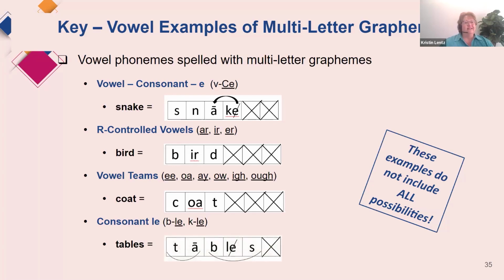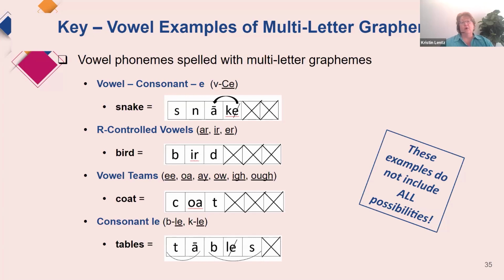And for our consonant-LE, which is always going to be in a multisyllabic word, we're going to cross out that E. That E actually makes a schwa sound in the "ul." In some cases, you may include a schwa symbol above it as well. And you'll notice that I've scooped the syllables in this particular word.